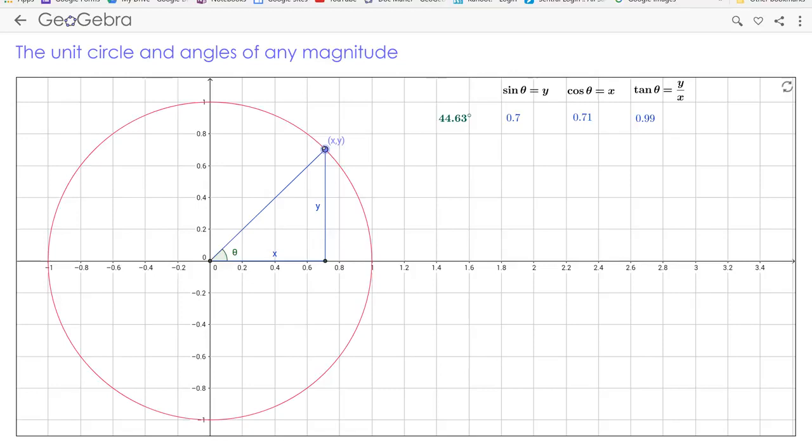Now, if we move the point in this first quadrant, we can see that the sine and the tan and the cos value change, but they're all positive.